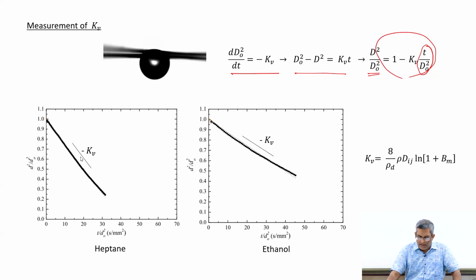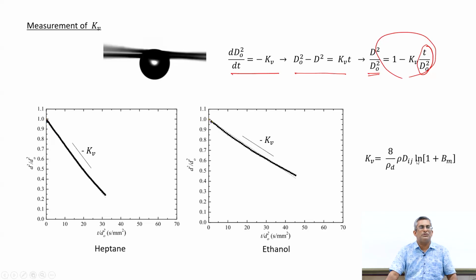Now, you see that the slope is different between heptane and ethanol. From here we can try to understand what causes this difference. This difference is basically due to the difference in the liquid density; the vapor density is not much different. Actually, this density corresponds to the density of the mixture, but it is usually taken as the density of air.